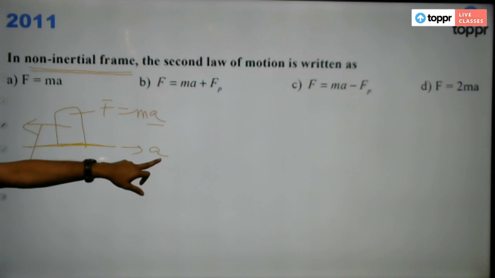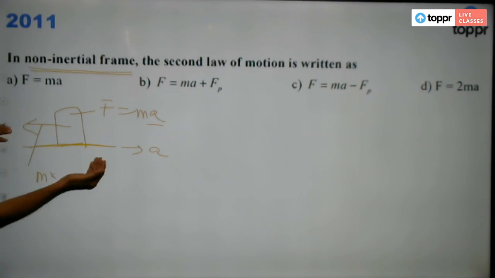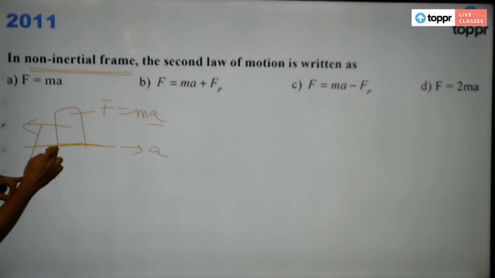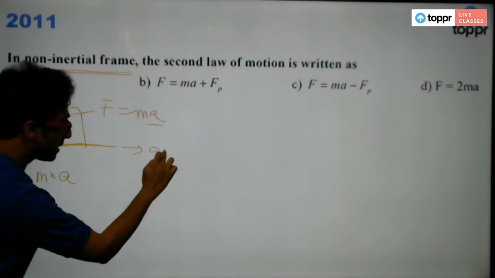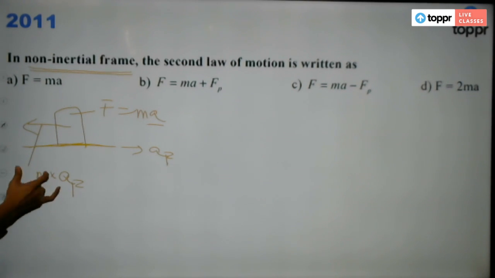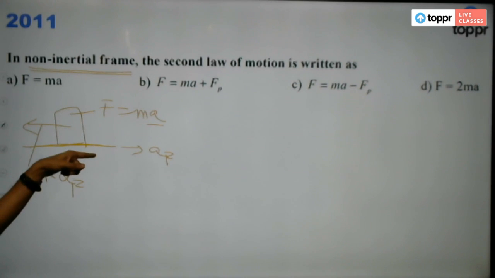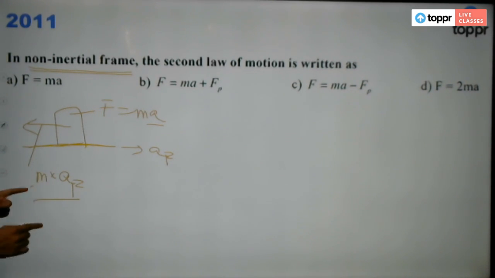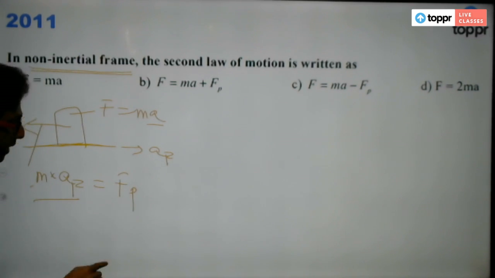If this moves with an acceleration a, then this body will have a force acting in the opposite direction, equal to the mass of the body into the acceleration of the frame. Let me call this acceleration AF, so that I can differentiate it from the actual acceleration of the body within the frame. So M into AF is nothing but the pseudo force FP.